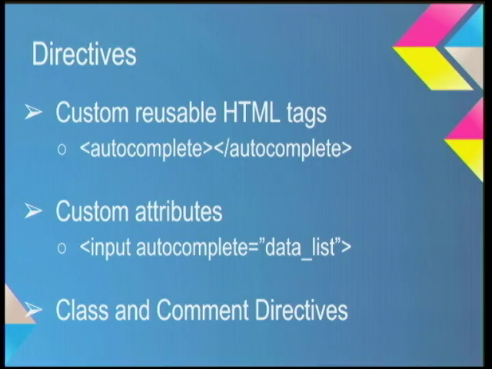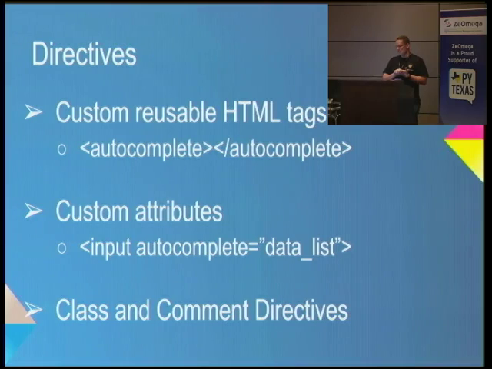Like I have an example here of autocomplete. Maybe that's an input that you type in and it autocompletes for you. It can also be an attribute on a tag. So just like the previous example, I had an autocomplete. So I could write a directive that's a tag and also an attribute.